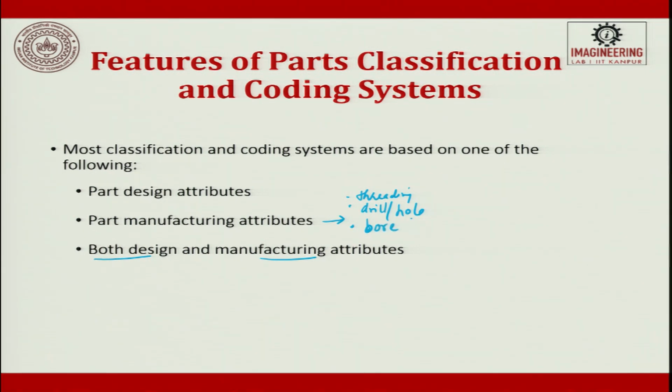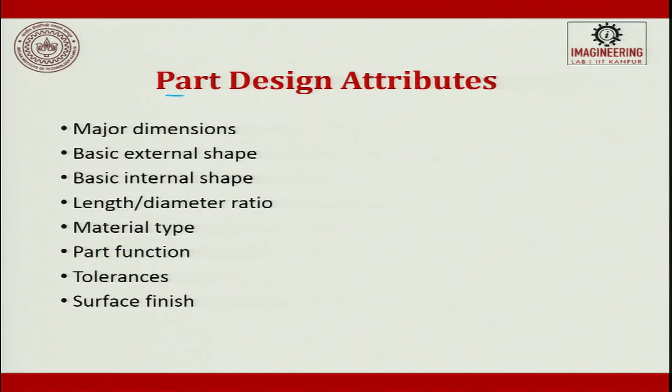These are all manufacturing attributes. Design attributes can be tapered shape, a hemisphere to be made, and all those things. So, what are the part design attributes? Major dimension, basic external shape, basic internal shape. This is what is called the aspect ratio.